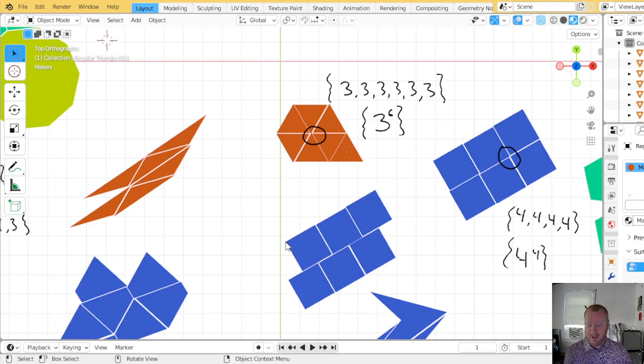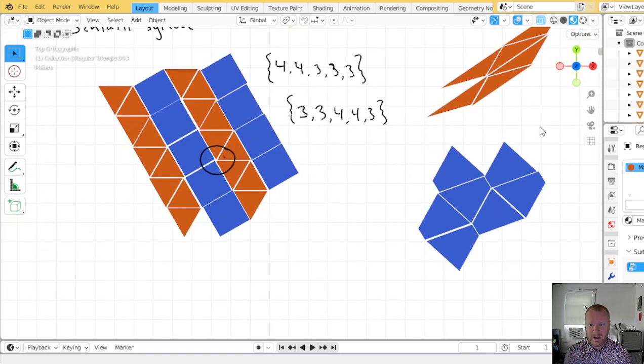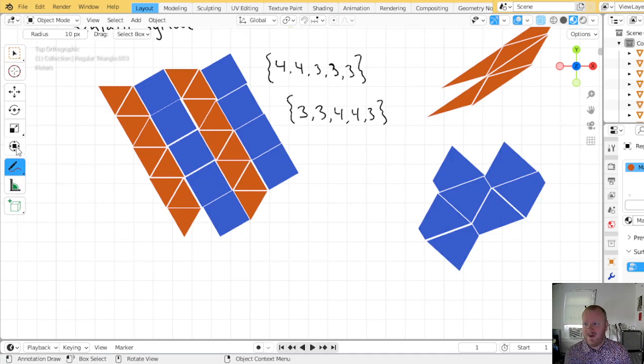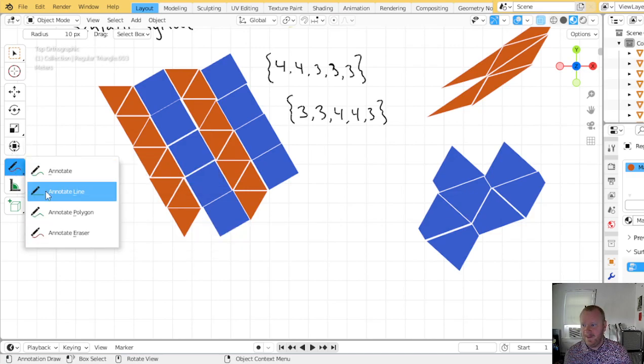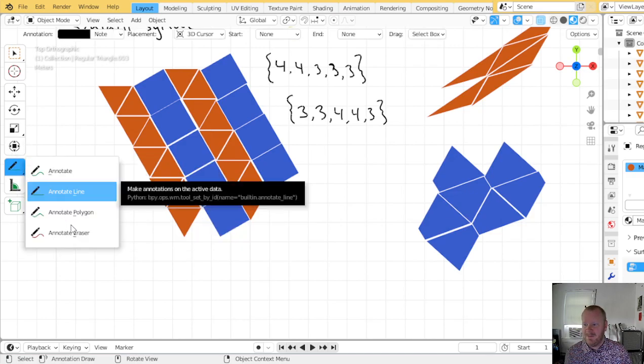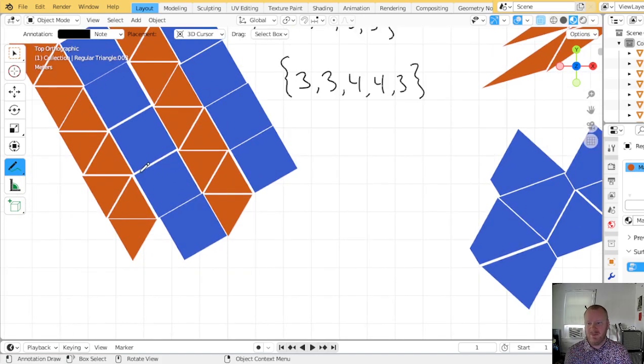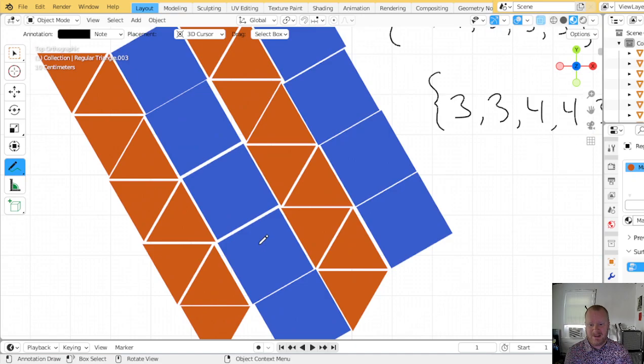Going back to the semi-regular tiling that we were looking at. So here's an example of some semi-regular tiling. If I look at this vertex here, rather than just making a circle around that vertex, I can create a polygon that goes through the center of each of these shapes that I've got here.